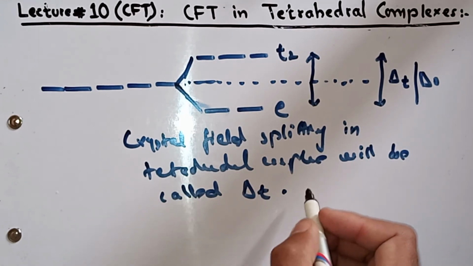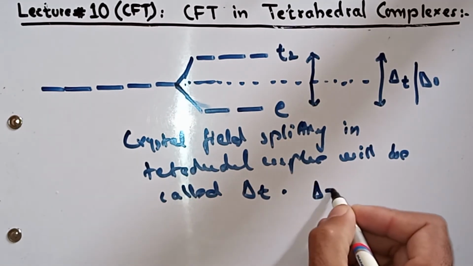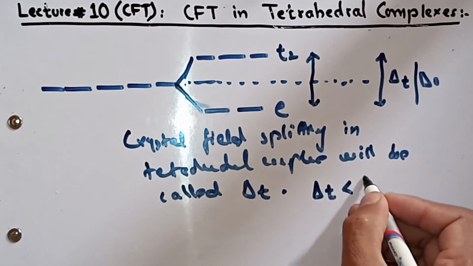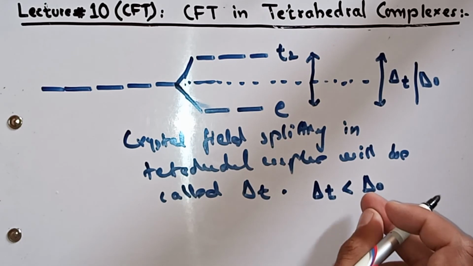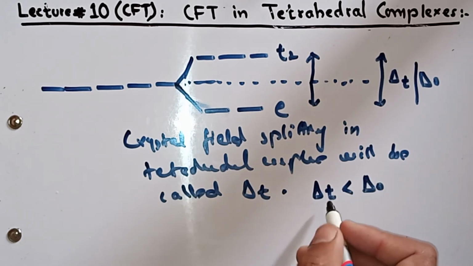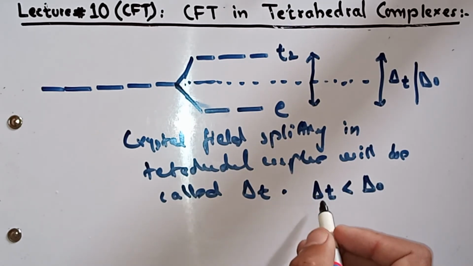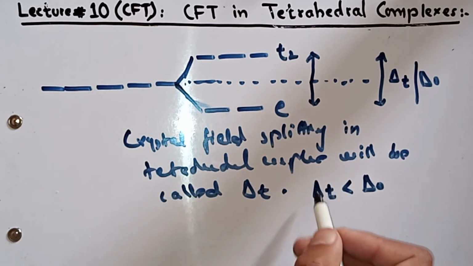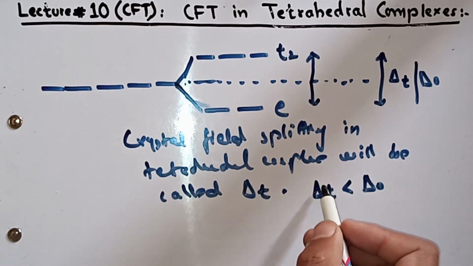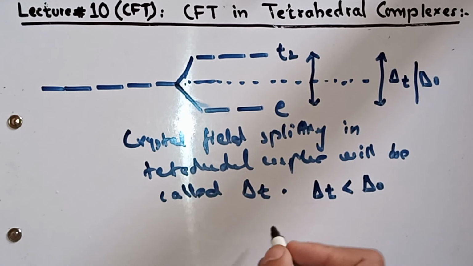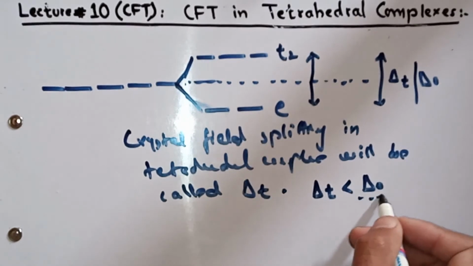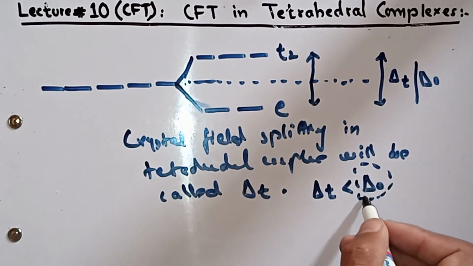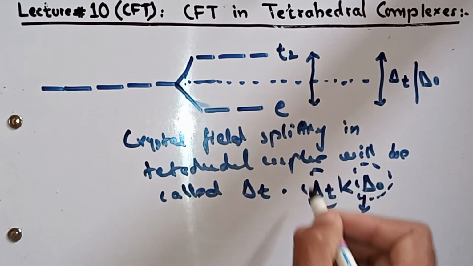But there is one point. Delta T will always be less than delta naught. In case of octahedral complex the splitting will be greater, while in case of tetrahedral complex the splitting will be lesser. It is because in octahedral complexes there are six ligands, and in tetrahedral complex there are four ligands.